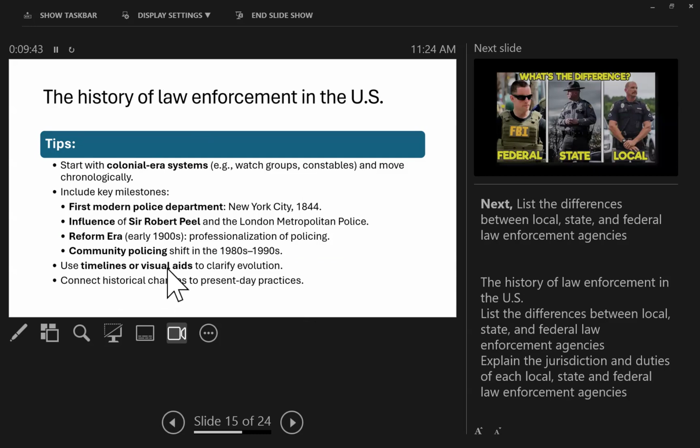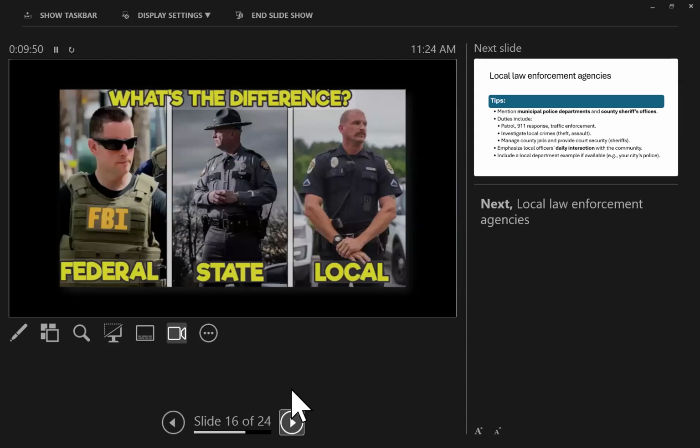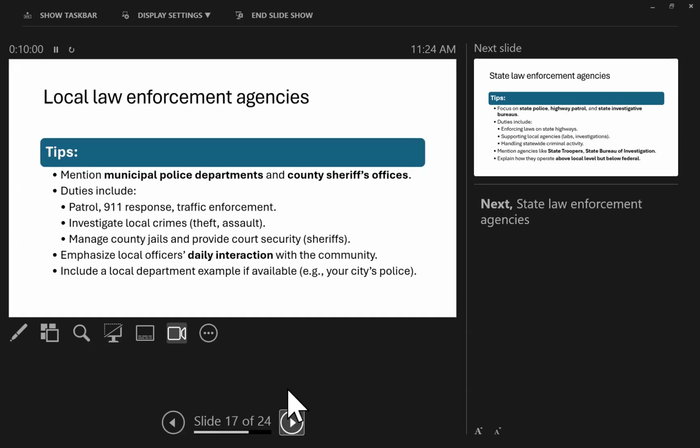I encourage you to include visual aids in your outline. Now, what is the difference between the federal, state, and local law enforcement? First, we'll look at the local law enforcement. These are just some ideas for you to include in your outline.